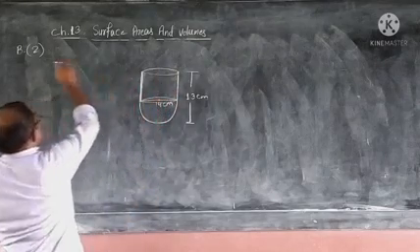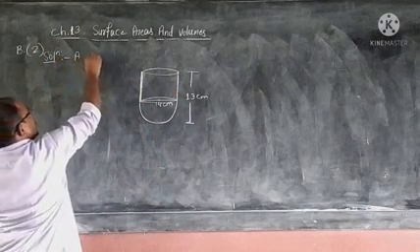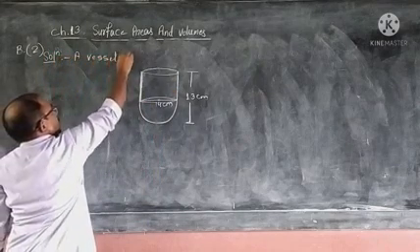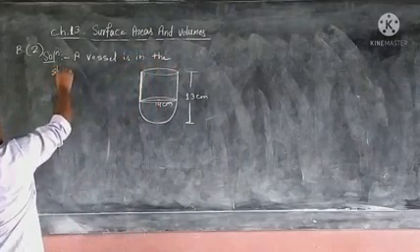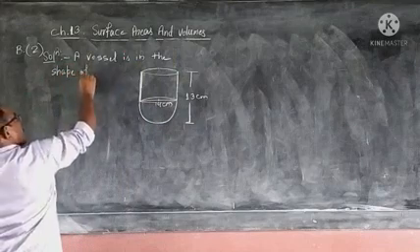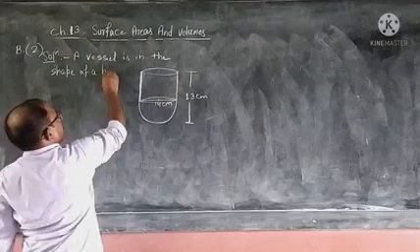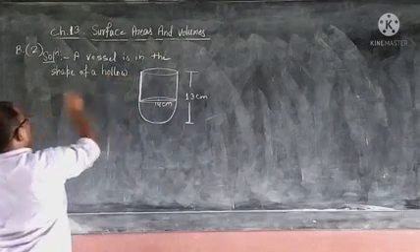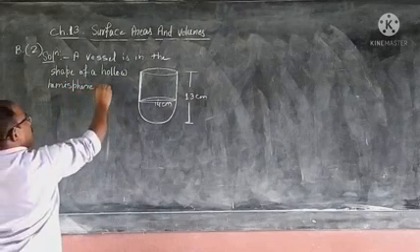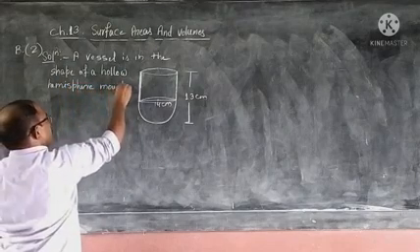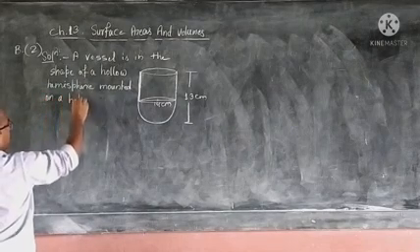Let us go, we will write the situation, what is happening here. The condition in the question is a vessel is in the shape of a hollow hemisphere mounted on a hollow cylinder.